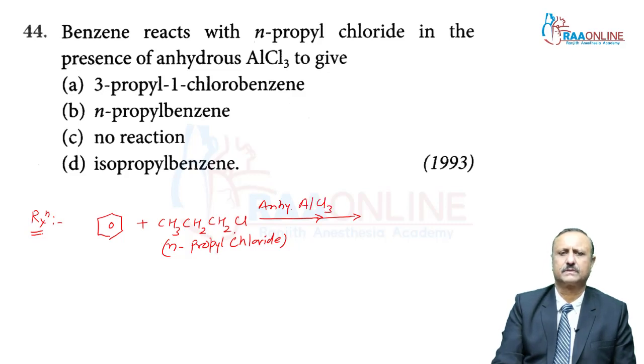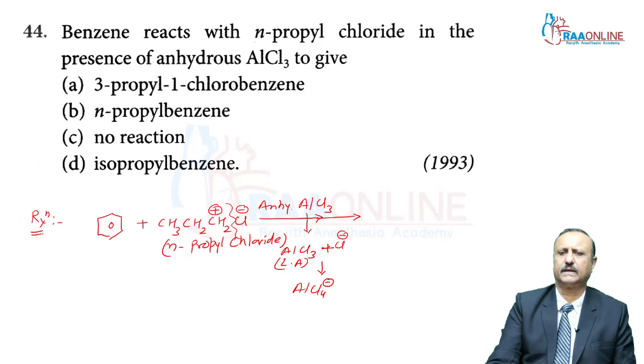My dear students, if you break this compound into minus charge and plus charge, here AlCl3 accepts this anion and forms the AlCl4 complex, because this AlCl3 is a Lewis acid.